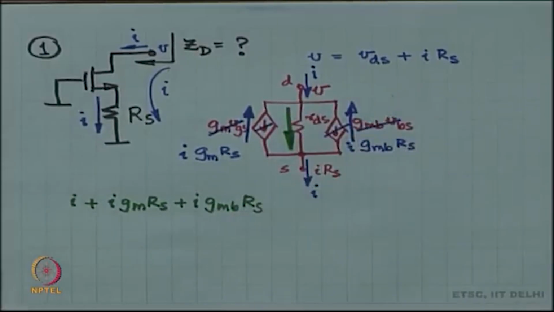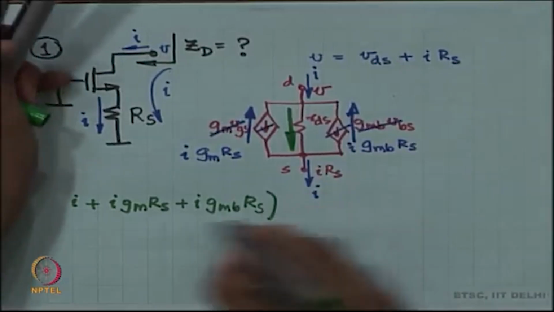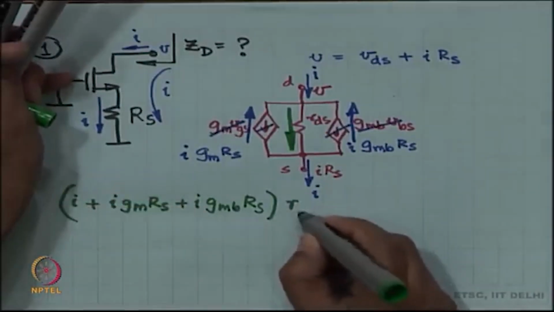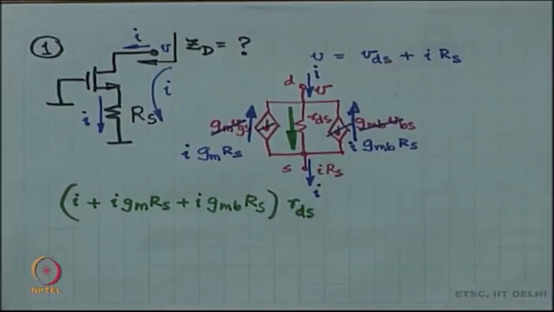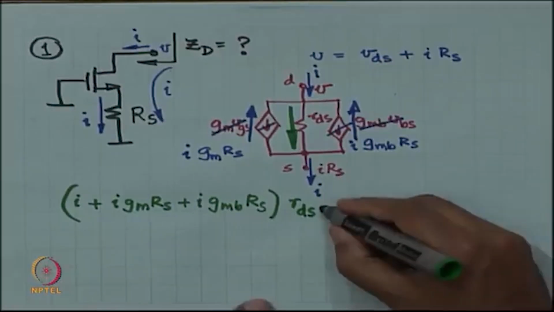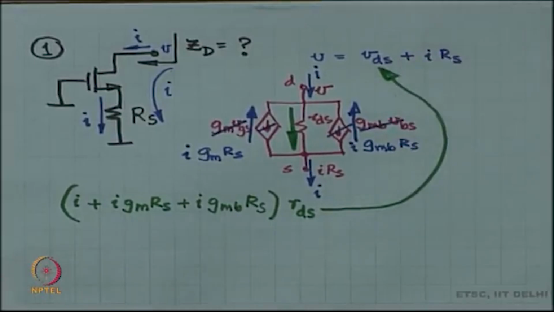That is the green current coming through RDS, and therefore, the voltage drop across RDS is this current times RDS, and that is VDS. Okay. This you plug in over here.